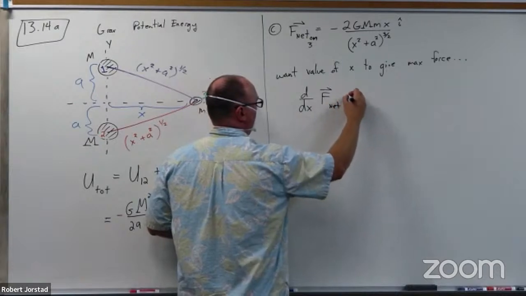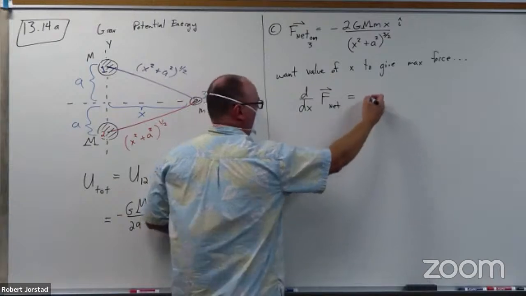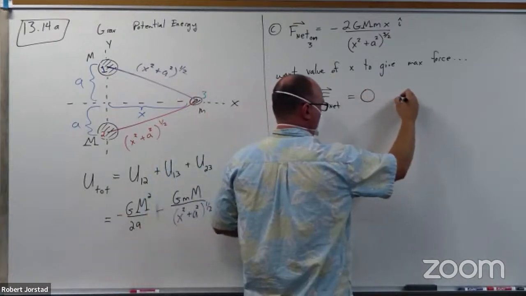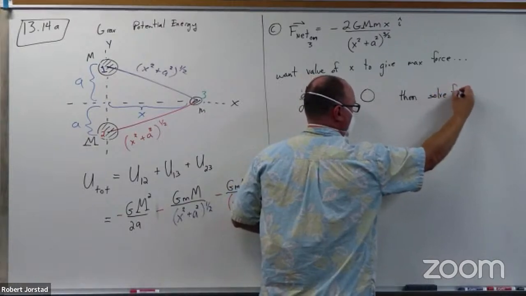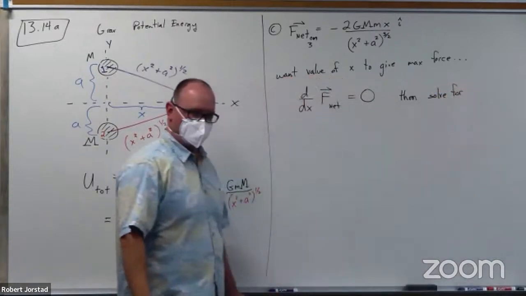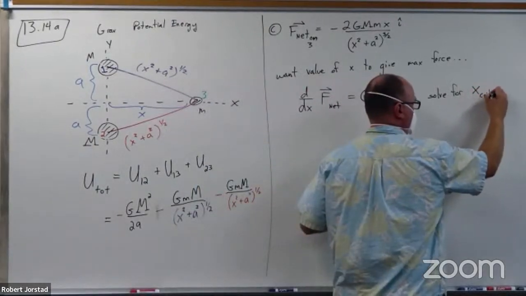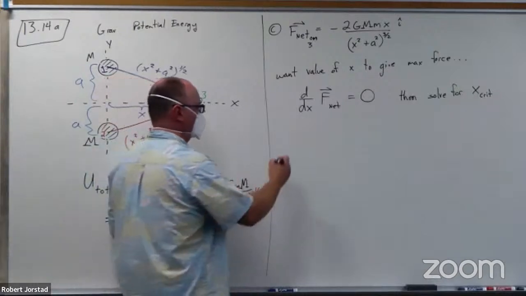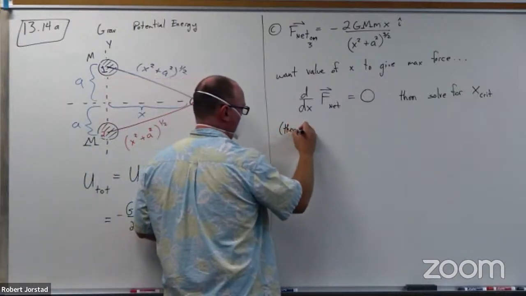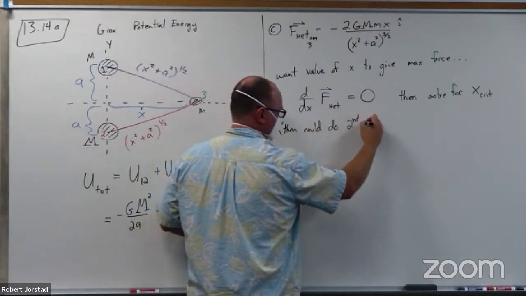Set it equal to 0. Then do what? Then plug it back in and solve for x. So then we solve for x. We call that x critical, right? Then you could do the second derivative test.